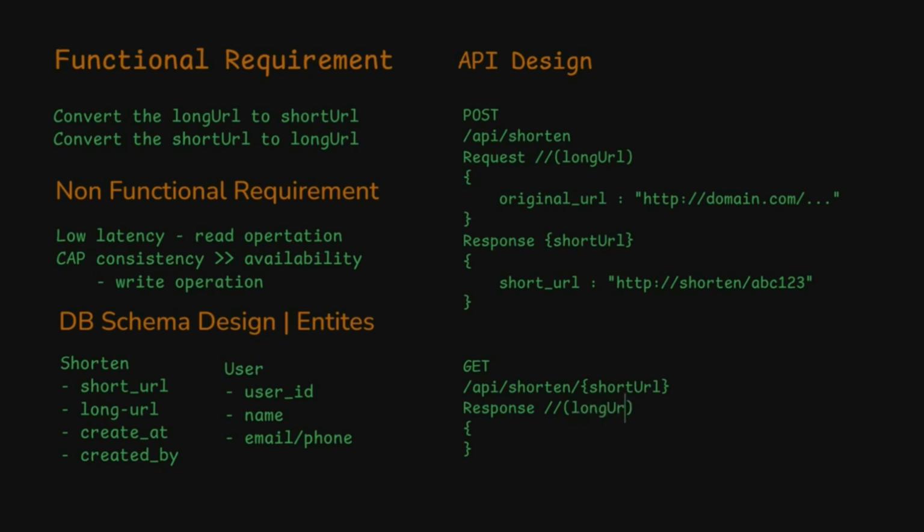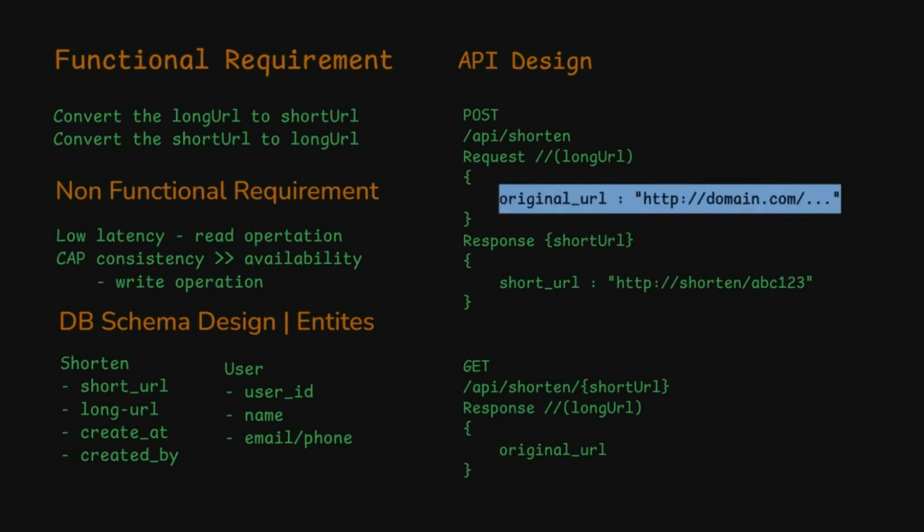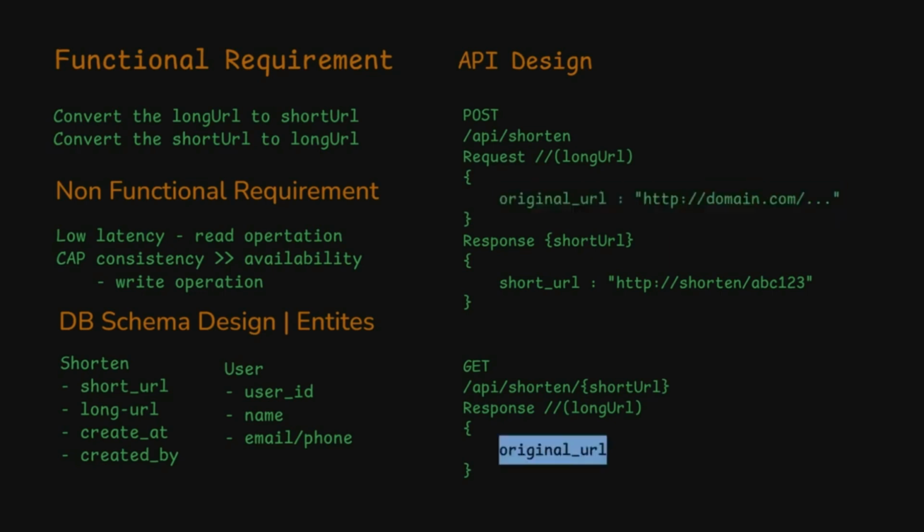So in this response we are sending the long URL for the passed short URL. The response would contain the original URL, which is what we have earlier saved into our system. So we need to fetch from our system and send back this response.